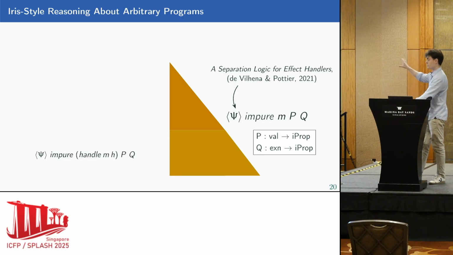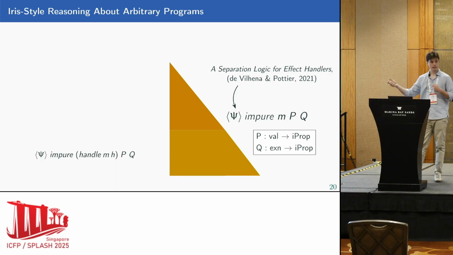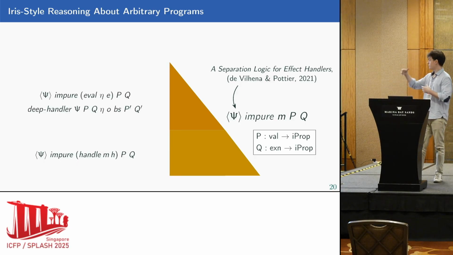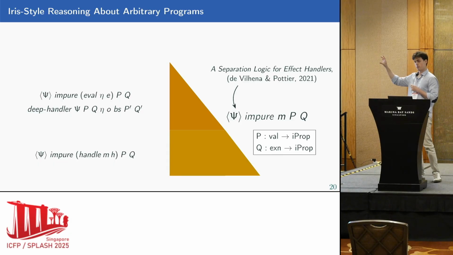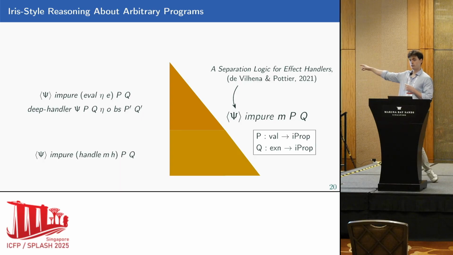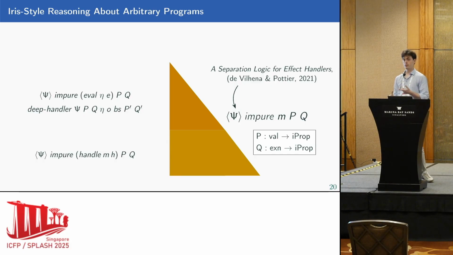But the constructions are very much the same, right? We still have this bottom level where we're reasoning about things like handling effects, right? Micromonad. And then at the top level, we're back to reasoning about things at the surface syntax. So things like eval A to E. This deep handler judgment is also from the separation logic for effect handlers paper. And we actually end up with the same reasoning rules as that paper as well, which was quite nice to see.